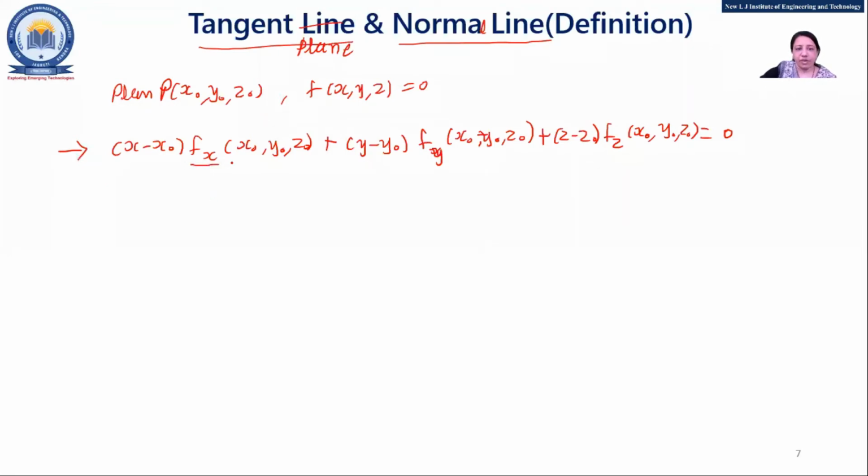Now can anyone tell me what is the meaning of this? I think you have learned this in 11th or 12th standard. What is the meaning of fx at (x0, y0, z0)? Anyone? Write down in the chat box, or you can raise your hand. Do you know or not?